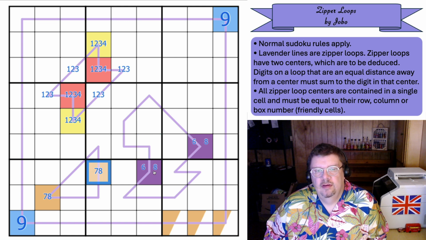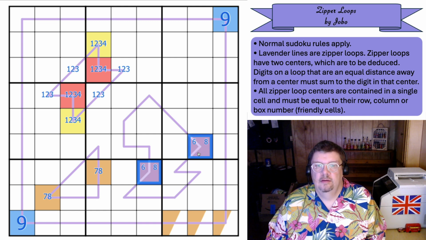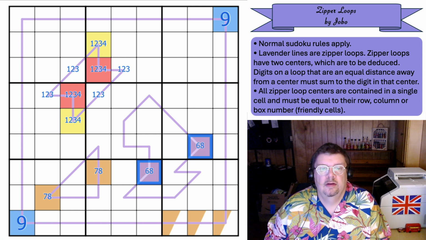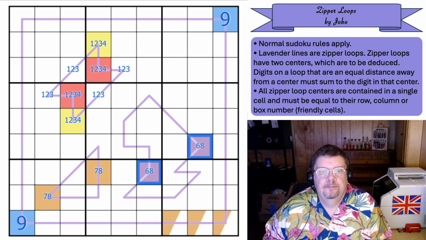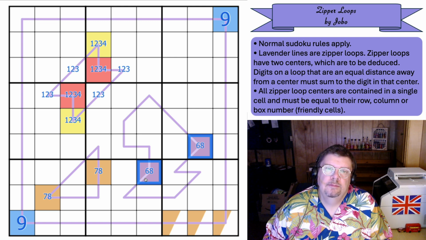Right, if this is 7 with this being 8, I guess I can do that. Obviously they can't both be 8, but they don't have to either of them be 8. Well, is that so?